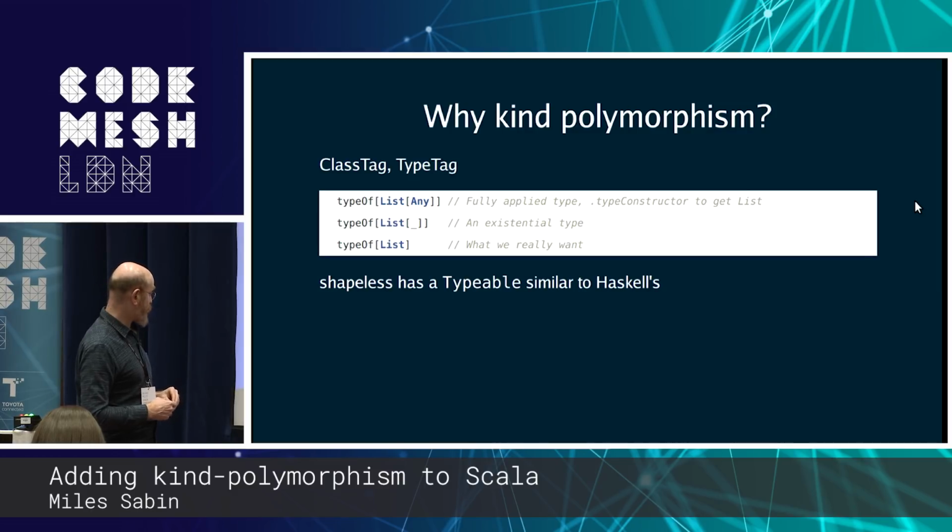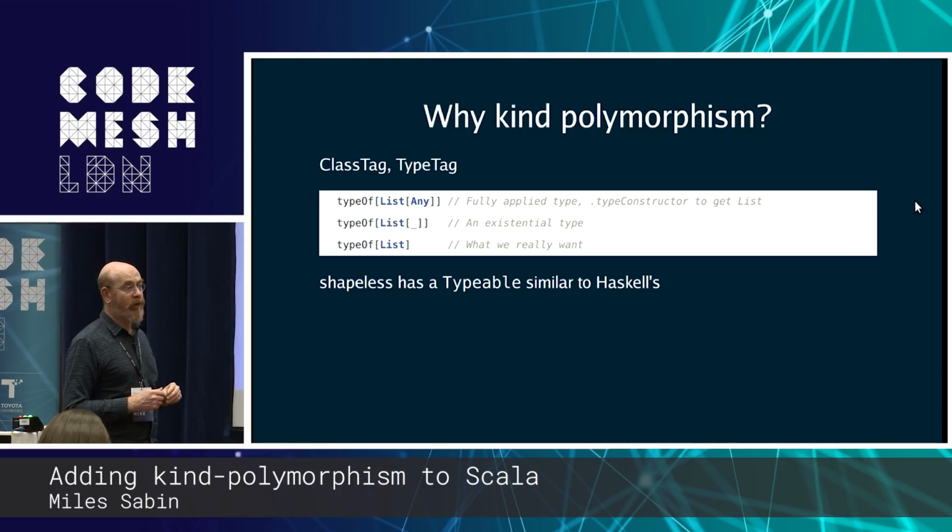The case that looks more superficially plausible is to use Scala's underscore existential type syntax. Well, that's kind correct, but it's actually going to give you the wrong type, because it won't just give you the type of the list type constructor. It will give you the list type constructor wrapped in a rather complex existential type abstraction, which again is the wrong type.